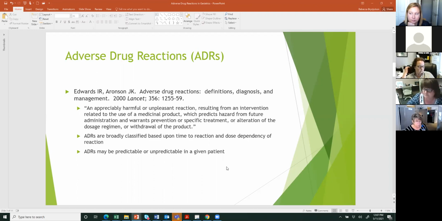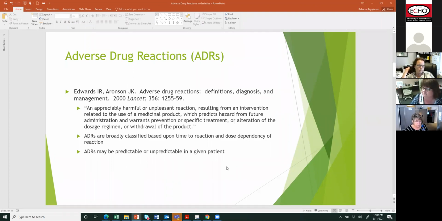So there are some adverse drug reactions that really are predictable. So for example, a medication that we use commonly, hydrochlorothiazide. So when we look at hydrochlorothiazide, we generally see doses of 12.5 to 25 milligrams daily. You can go up to 50 milligrams a day. That's within the prescribing recommendations.